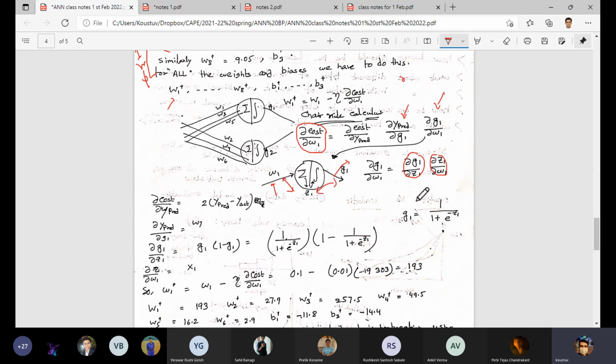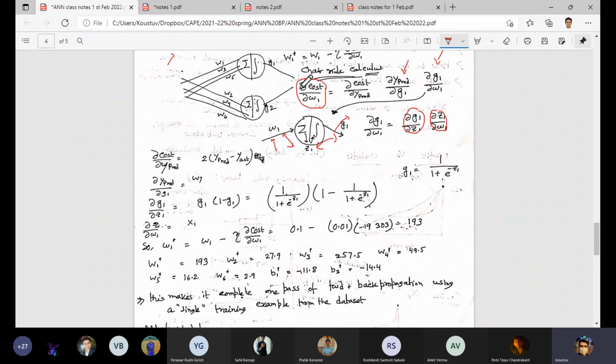So this is basically a multiplication of 4 individual derivative quantities, right? Del cost del W1 is nothing but the multiplication of these 4 individual derivative quantities. In this way we have noted down the terms, and you can see it.